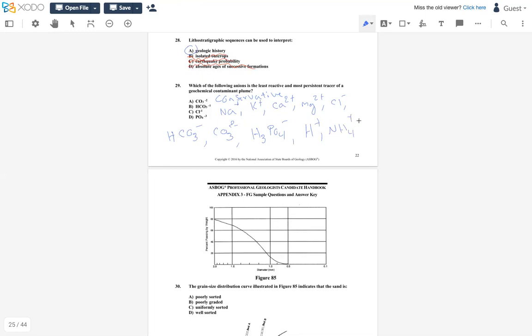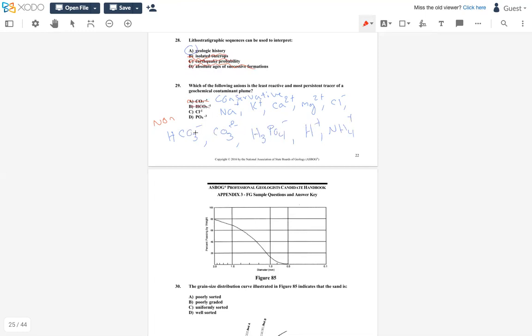All right. So enough of that. Let's go ahead and try to answer the question. Which of the following is least reactive and most persistent? I'll do it in red just so we can differentiate conservative and non-conservative. So we know that carbonate is not conservative, so this is not going to be least reactive and most persistent. Bicarbonate either.